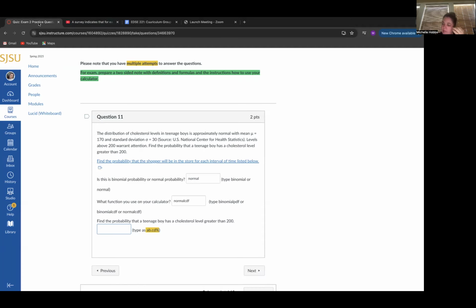I am getting the z-scores calculated, and the probability is 0.1587, and then you multiply that by 100. So then I'm going to get 15.87%.